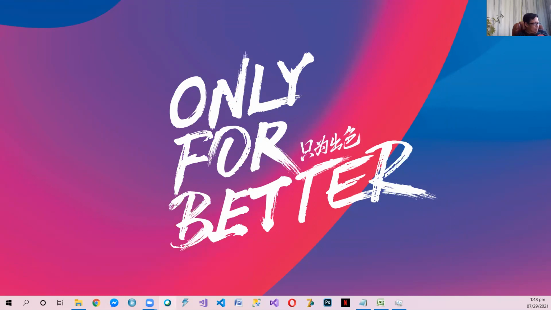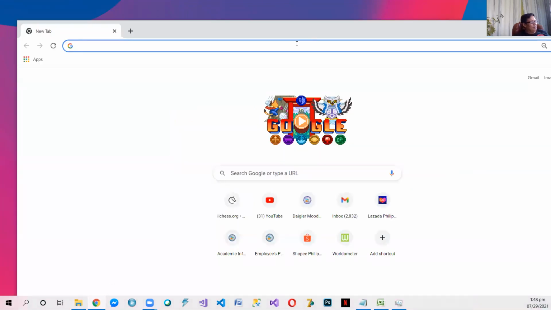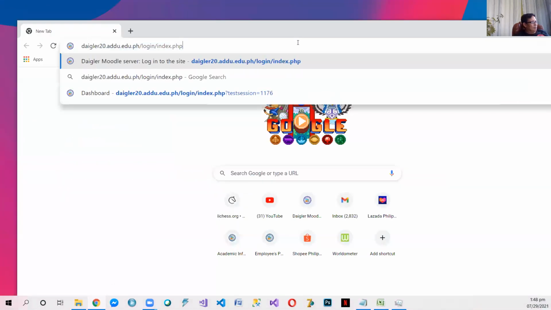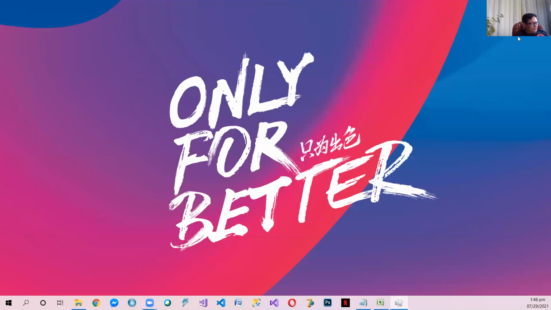Let's try again. What browser do we have? Microsoft Edge. Okay, Edge.